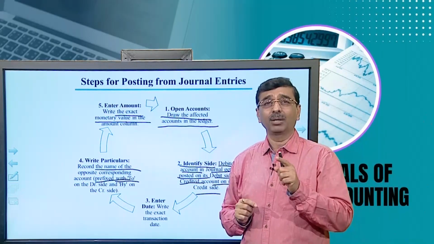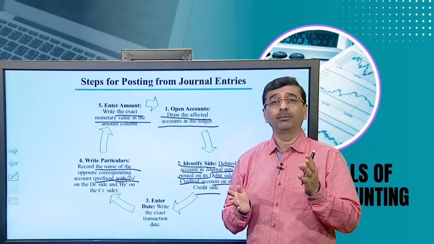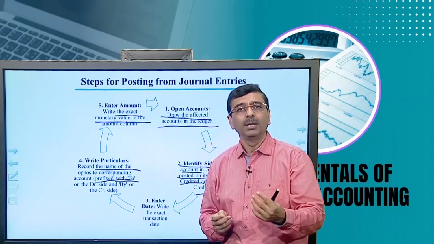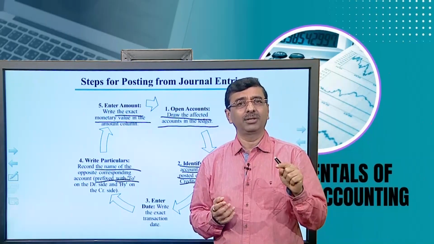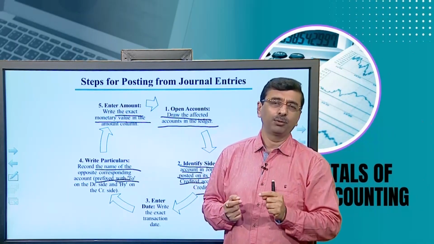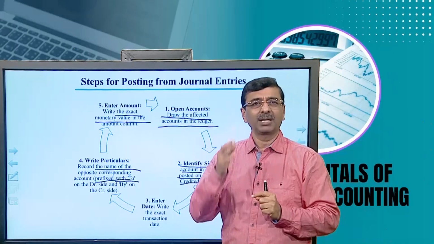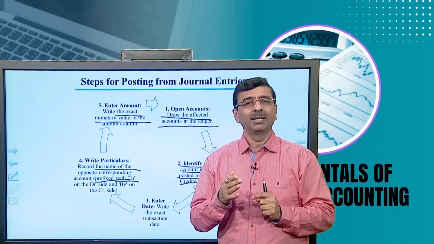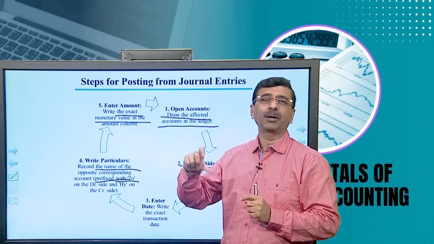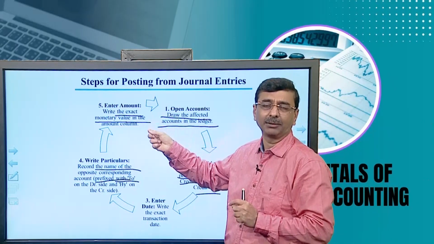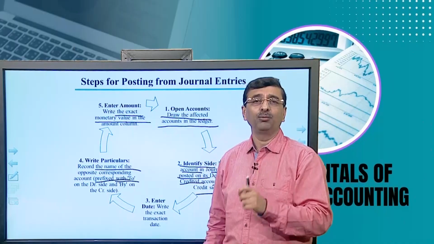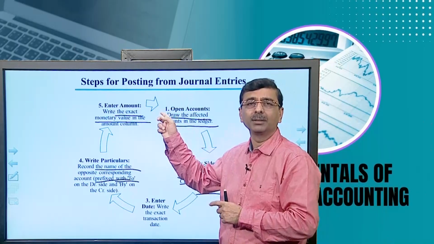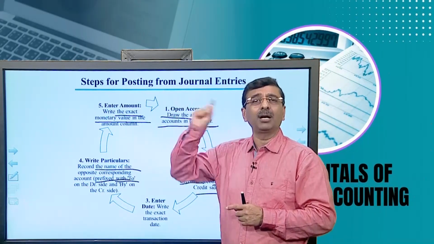When you post, you have to be very careful when there are multiple transactions in the journal entry. Why? Because there are so many figures, so you have to identify which figure will be posted in this particular account. A very simple way: identify in which particular account we are posting, and what is the amount in front of that account.